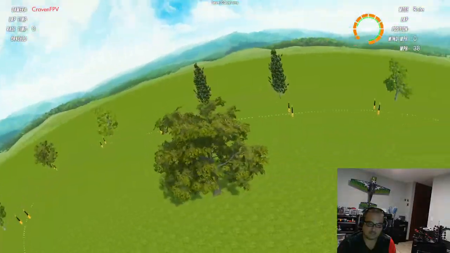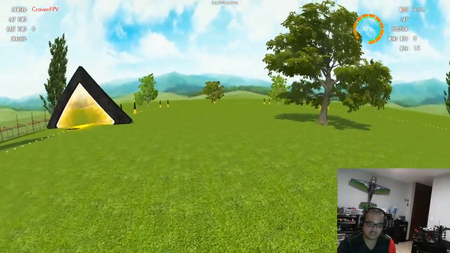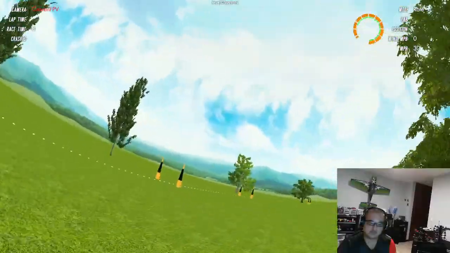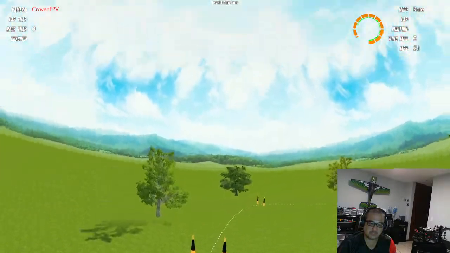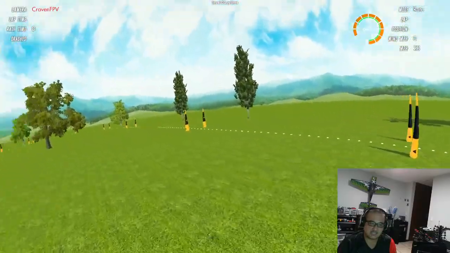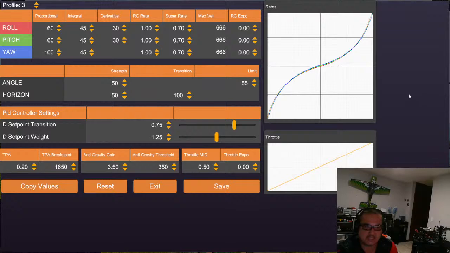I haven't flown these in a while, but my point is these are very well chosen defaults if you're just going to cruise around, if you want to be able to do stuff. For example, racing rates sometimes will be too slow to actually be able to do a good flip. Okay, so anyway, these are the default betaflight rates, and let's break down what this all means.